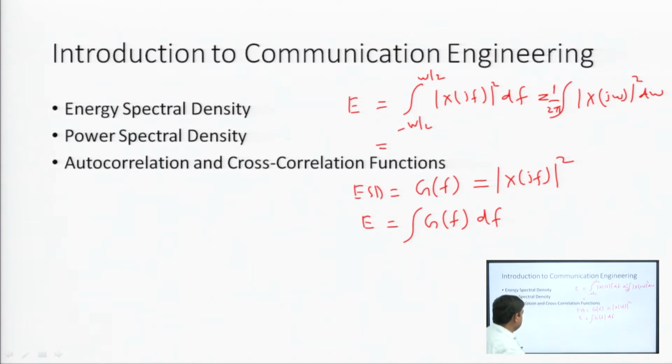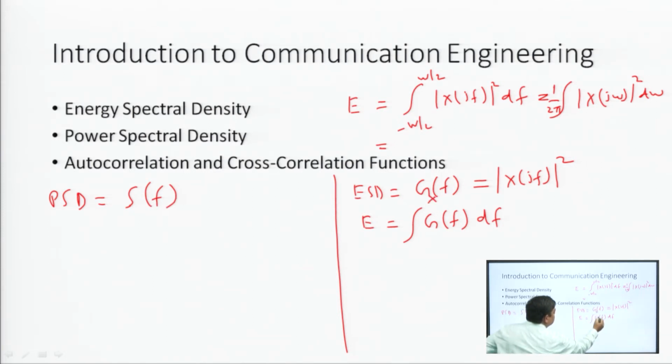Okay. And similarly, we can find the power spectral density. Suppose the power spectral density equals S of f. If the signal is x, then you can say this is Gx for energy, and for signal x, the power spectral density is Sx(f).